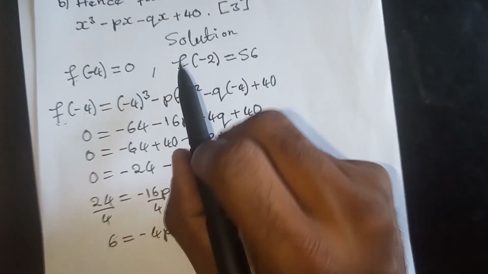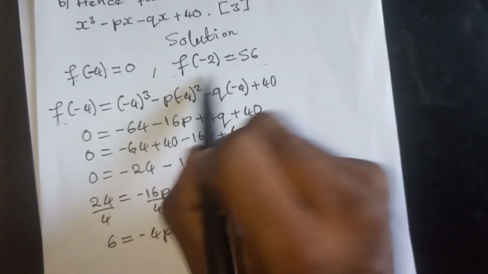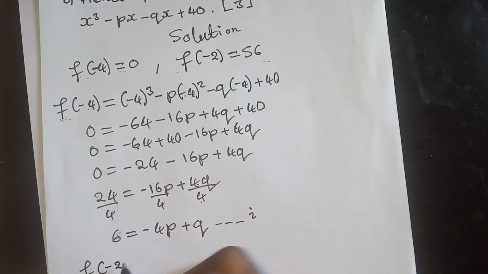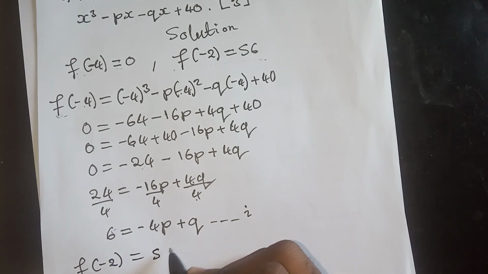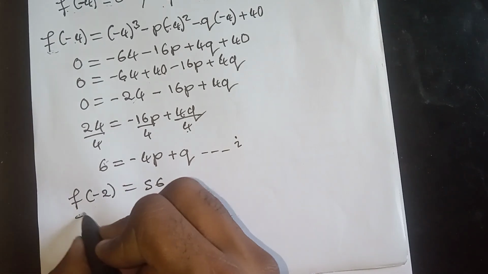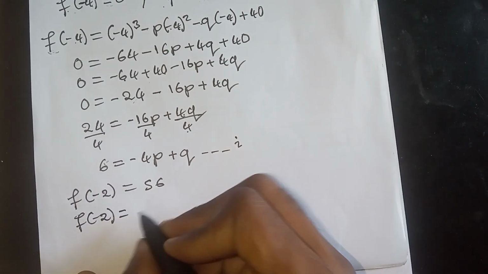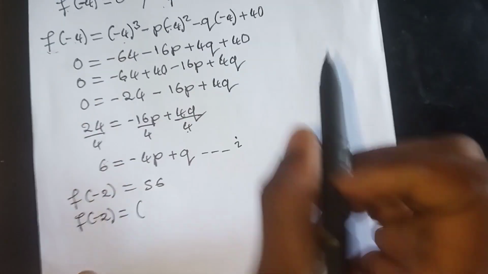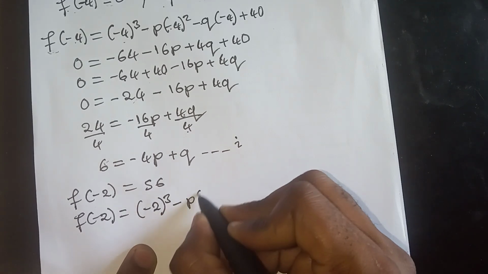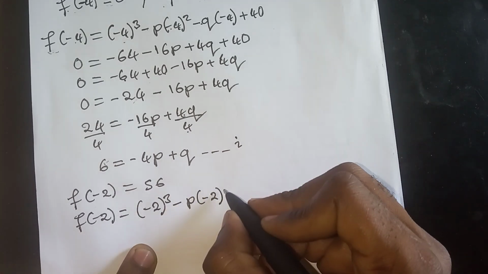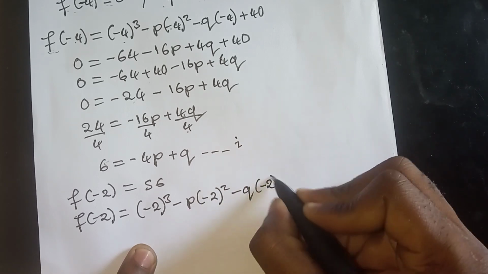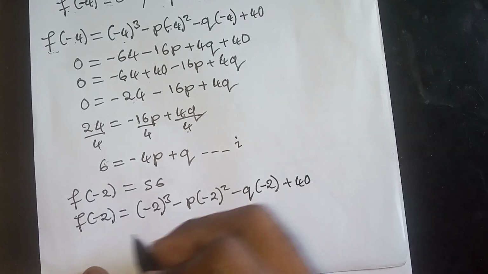So now to find the second equation, we use the second fact, which is f of negative 2 is equal to 56. So we can find f of negative 2. F of negative 2 will be, I'm using the same polynomial, so we have this one, and then this, and then this plus 40.